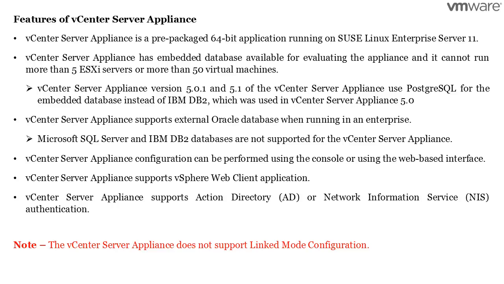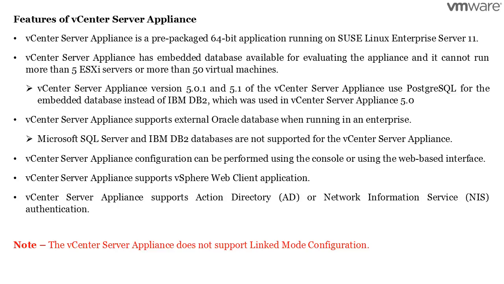So it's a Linux-based virtual appliance. vCenter Server Appliance has an embedded database. With that you can evaluate the appliance, but the embedded database, which runs PostgreSQL, cannot run more than 5 ESXi servers or more than 50 virtual machines.